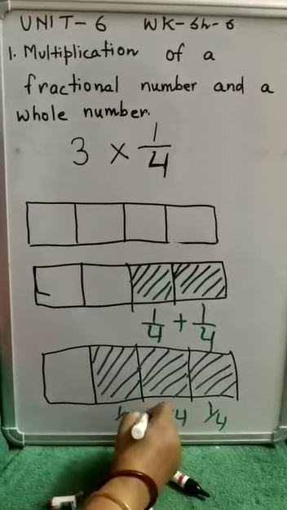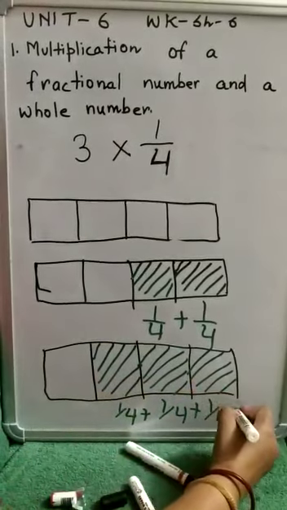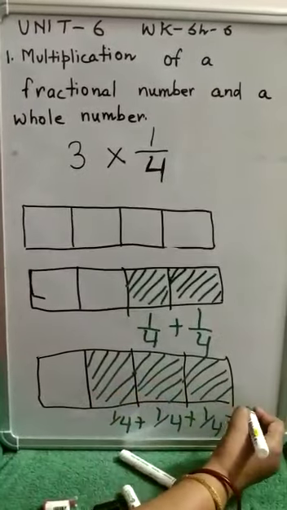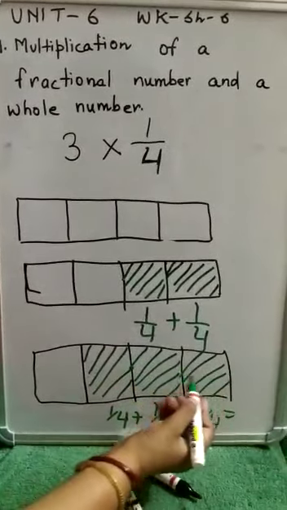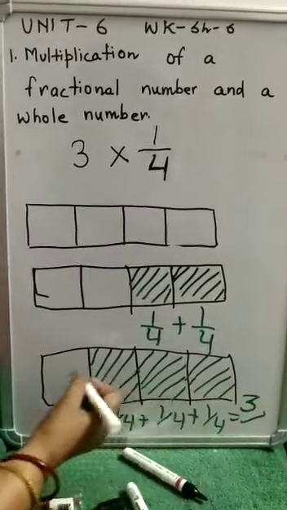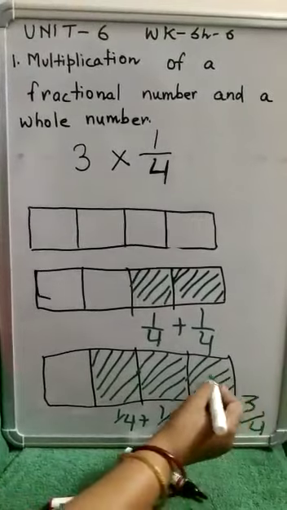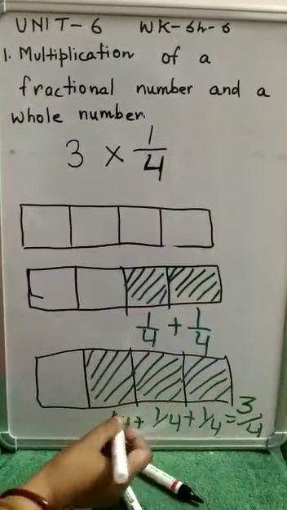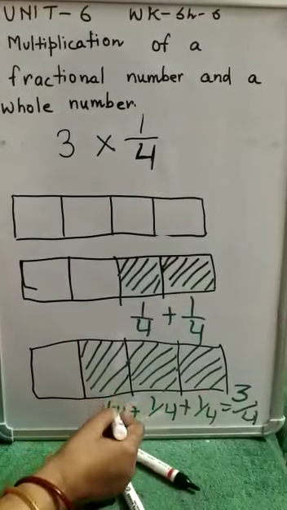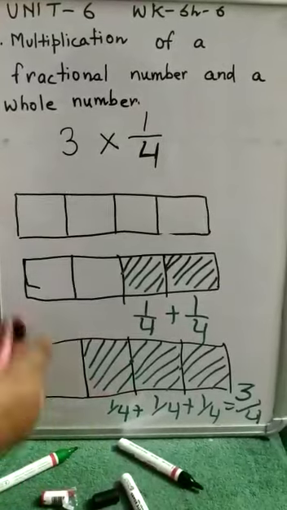Now we add all these 1 by 4. What is the meaning of this? The value of the shaded part: how many shaded parts? 1, 2, 3. So I am writing here 3. And the total divided parts 1, 2, 3, 4. So the value of this shaded part is 3 by 4. It means 3 times of 1 by 4, which means 1 by 4 plus 1 by 4 plus 1 by 4.